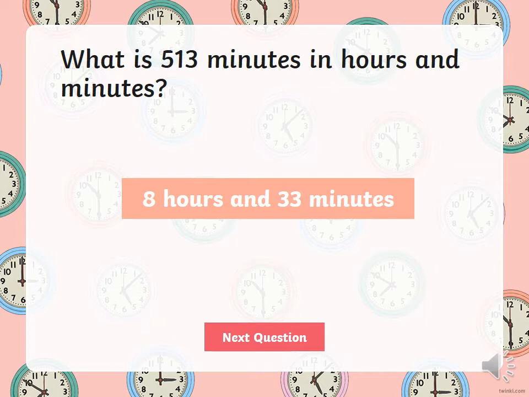That's too much, so 10 hours is too much. Then take away 60, that would be 540, which is still too much. That's how you know it's not 9 hours. And then you count up and down. Or you could count up 60, 120, 180, and count all the way up until you get close to 513.